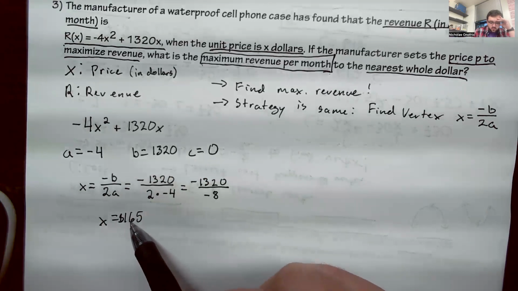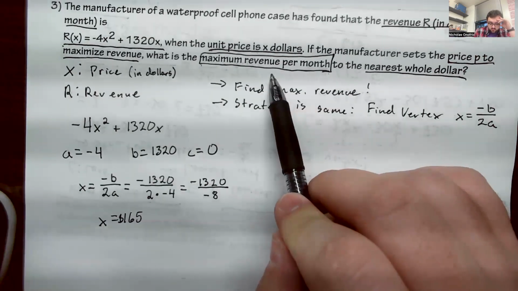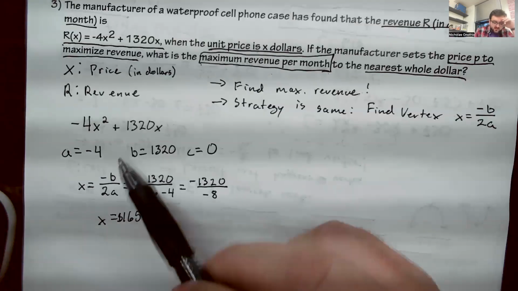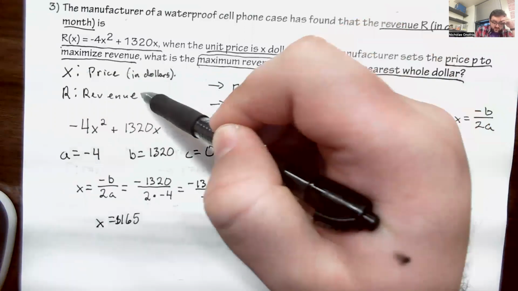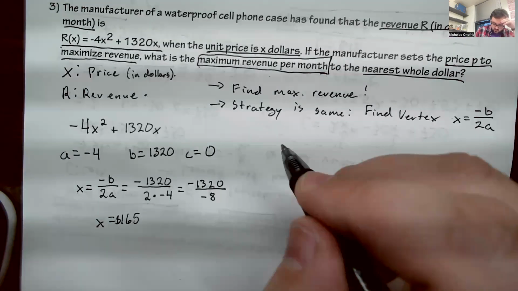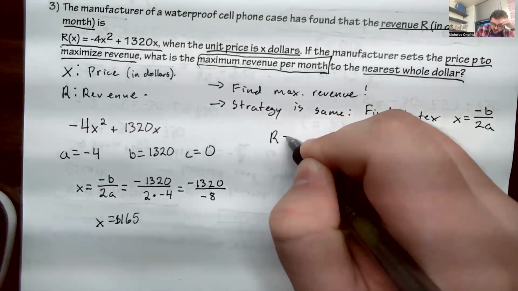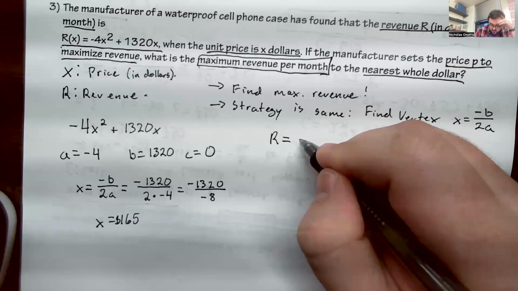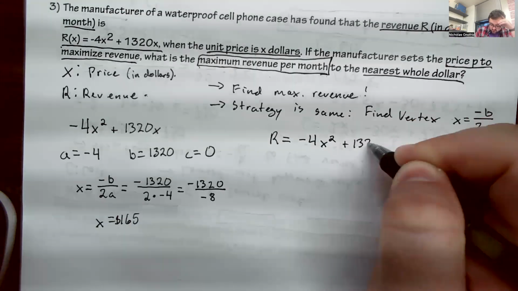Let's look back at our problem. We were looking for the maximum revenue per month. We found our price. We haven't found revenue just yet. So let's go ahead and find our revenue by taking our equation. R equals negative 4x squared plus 1,320x.